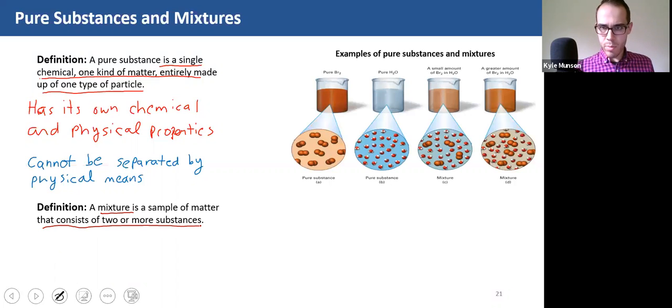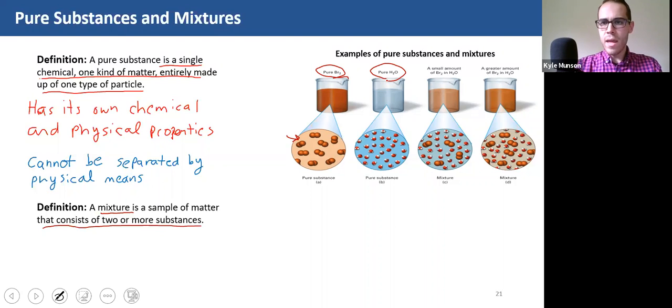So here are a few examples of pure substances and mixtures on both the macroscopic and the particulate level. Macroscopic level is on the top, particulate level is on the bottom here. So here we have pure bromine, pure water, in these beakers sitting here.